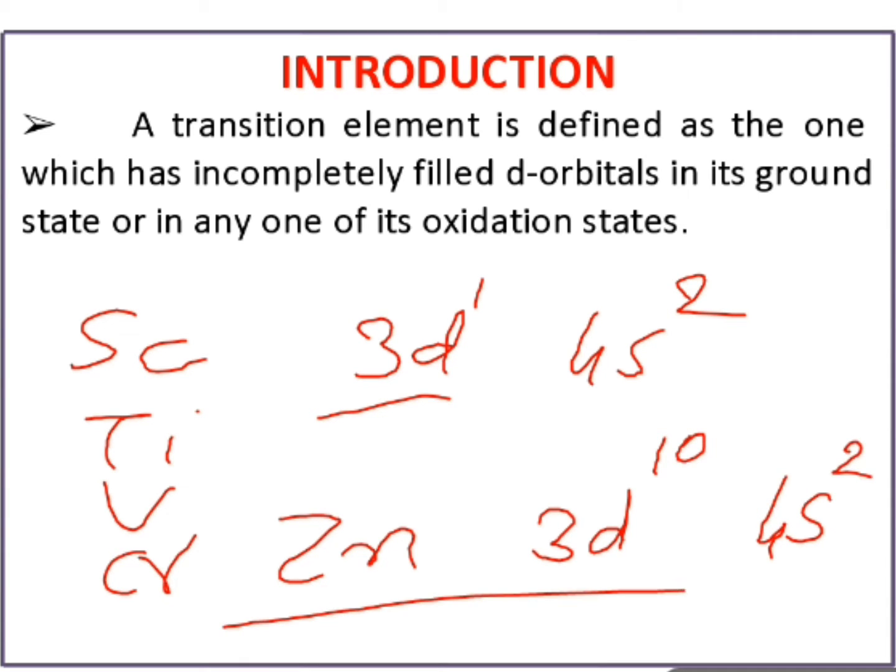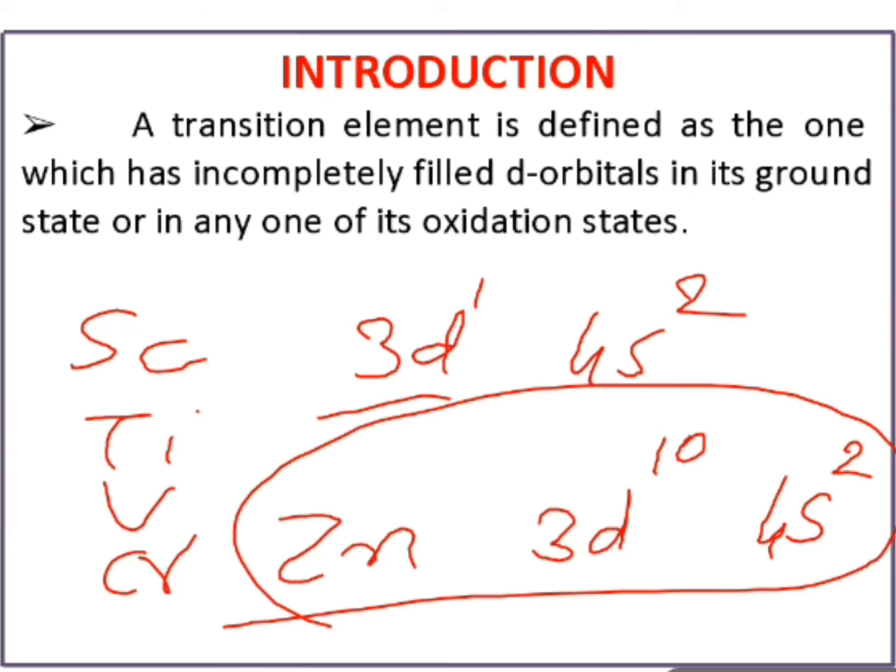Can zinc be counted as a transition element? Transition elements are defined as those with an incomplete d orbital, and zinc has a complete d orbital. So zinc is not a transition element. In the 3D series, zinc is not a transition element; in the 4D series, cadmium is not; and in the 5D series, mercury is not.